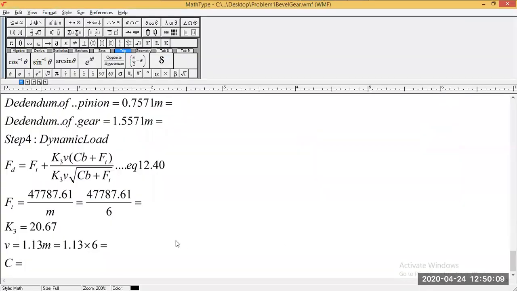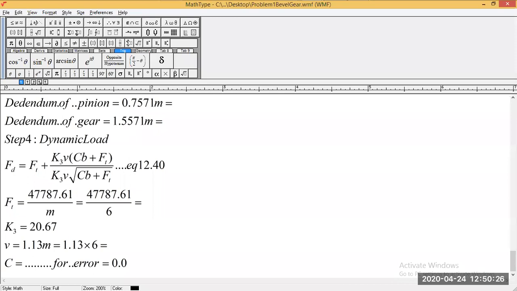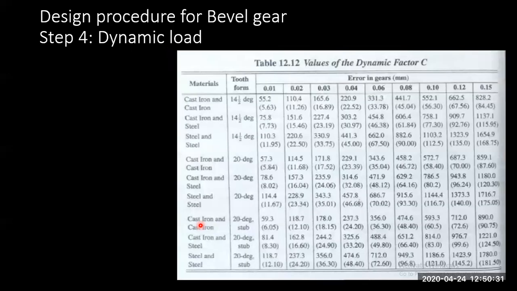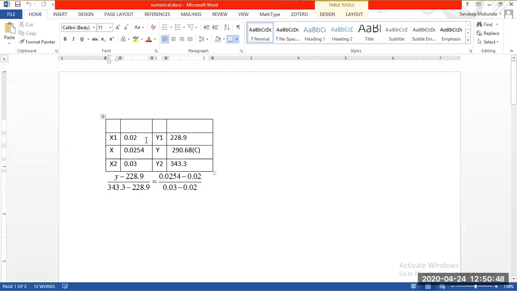Okay, so we'll note down that error equals how much? 0.0172. So that's the error. Check back in table 12.12. Is there any 0.0172? It is somewhere in between 0.01 and 0.02. If you want, you can interpolate and find the value. So let's interpolate.